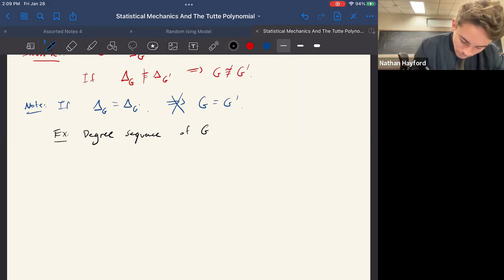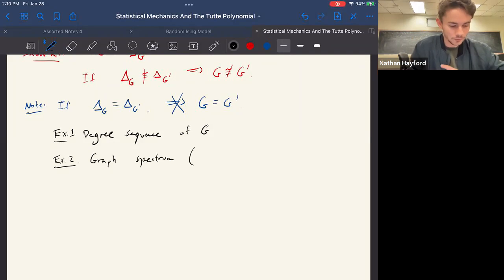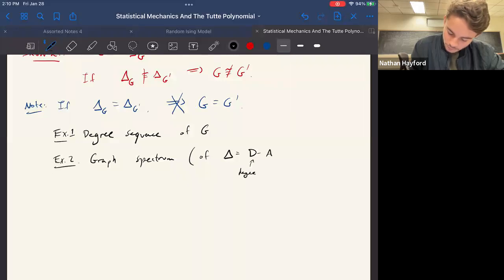So another example, example 2, the spectrum of a graph. So this is the spectrum of the graph Laplacian, which is the degree matrix minus the adjacency matrix. So this is another useful invariant of graphs.